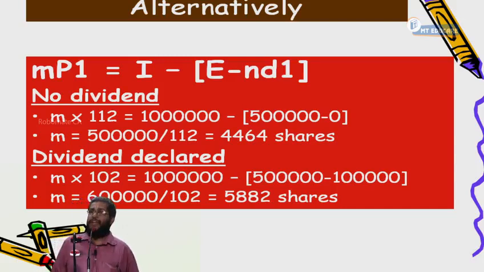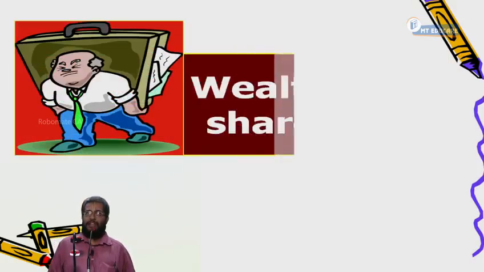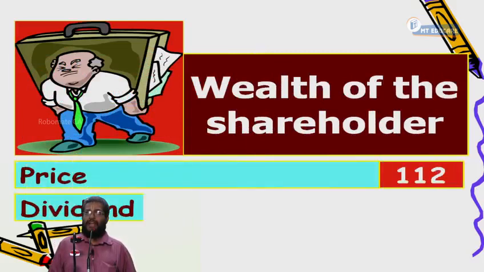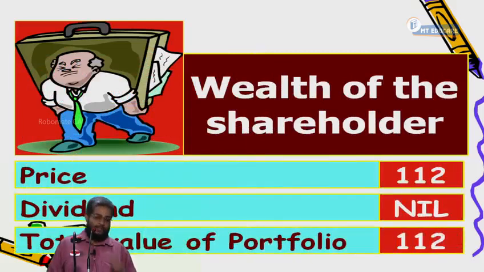Capital A, wealth of the shareholder. Branch it into 2. First branch, no dividend. Second branch, dividend.